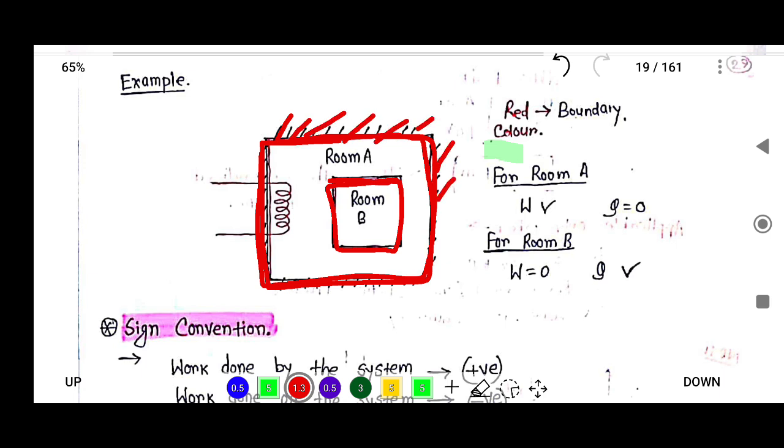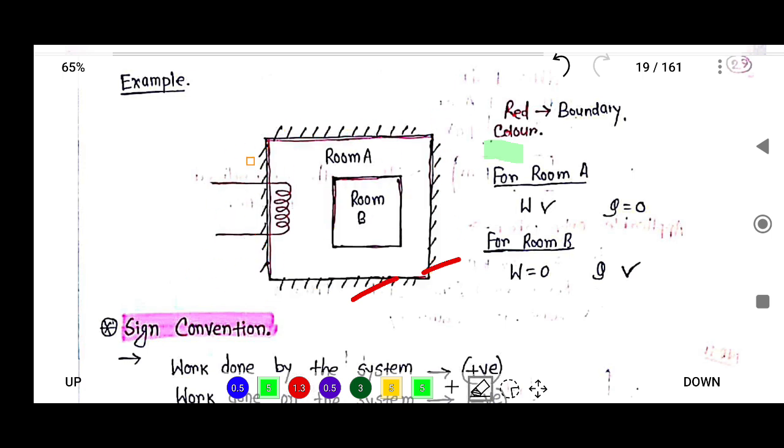Insulated means this is the system boundary, and there is no heat transfer through this boundary, no heat transfer through this wall. Now through this boundary there is a resistance, electrical transfer, which means work transfer is there.